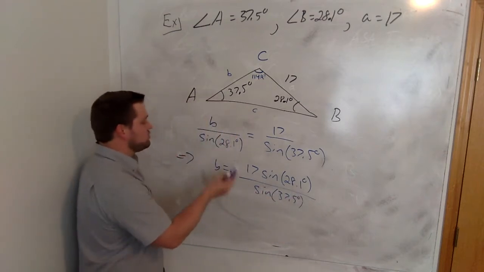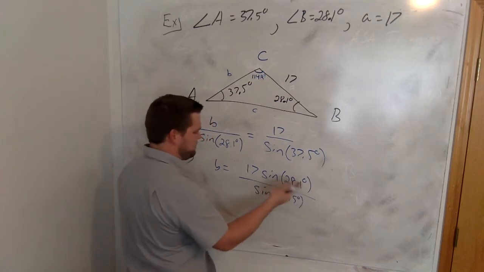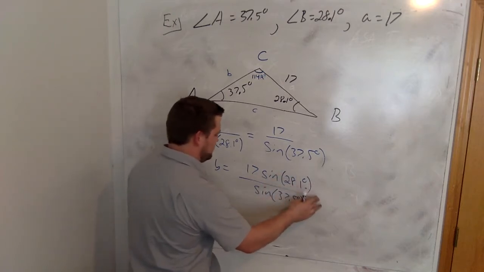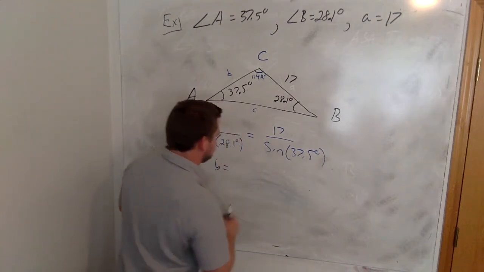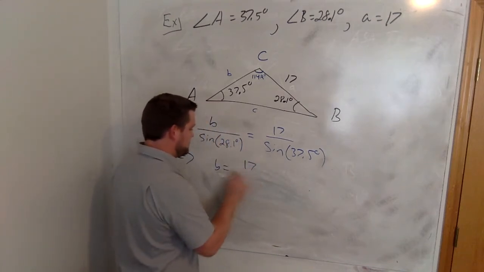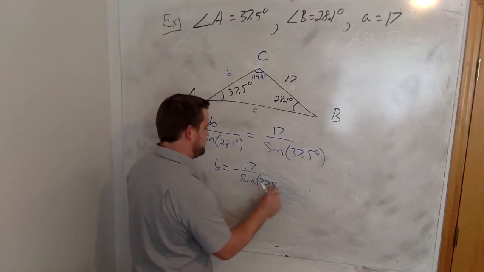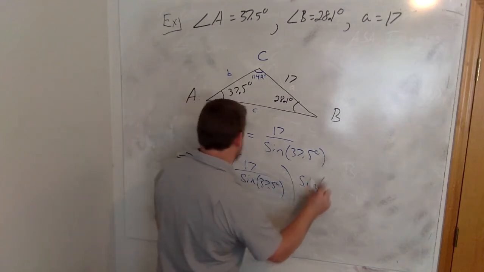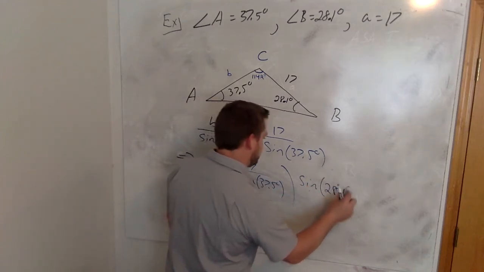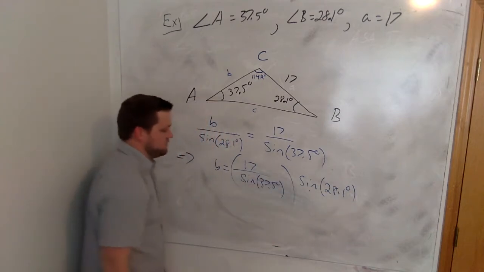If putting the sine of 28.1 degrees in the numerator is throwing you off, it's the same as writing 17 over the sine of 37.5 degrees and multiplying this by the sine of 28.1 degrees. Think of it as over 1, so I just multiplied it into the numerator.